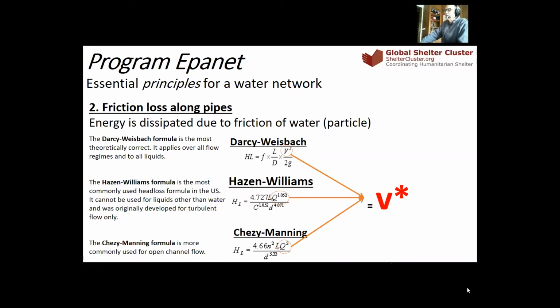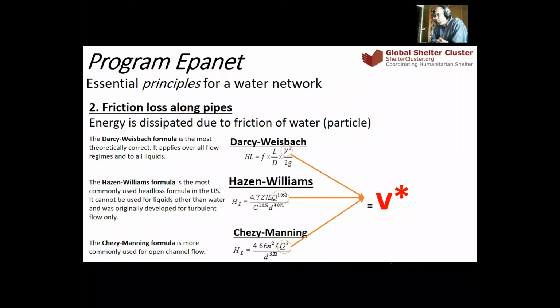If you see, you have the velocity exponent for the calculation of the friction loss. Friction loss is actually the loss of energy that is dissipated in a pipe when the water flows. And if you see, the friction loss along pipes is always an exponential of the speed.